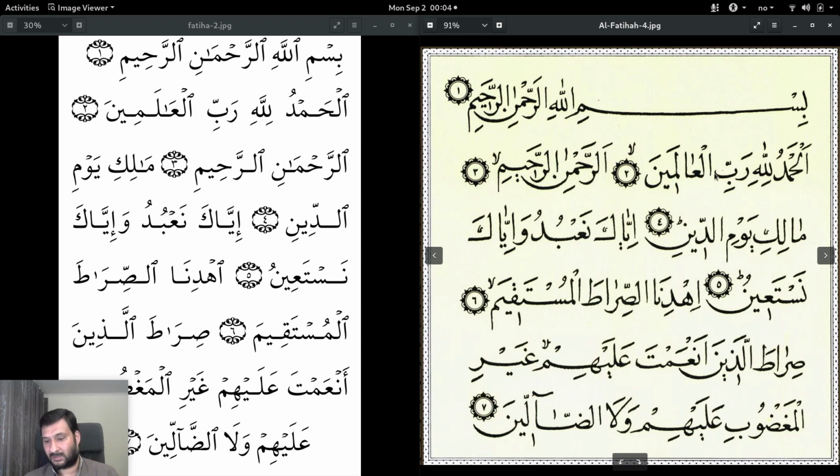Now let's discuss Alameen. Alhamdulillahi. So Lillah, and here in the Asian way, you have a vertical Fathah on top of the word Allah to highlight that this is Lillah. It's stretched. Here you don't see this Fathah.